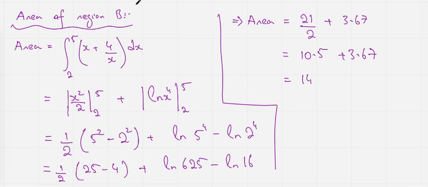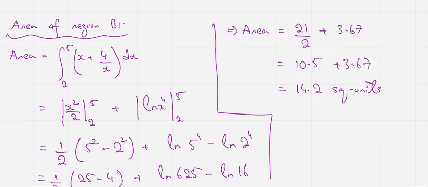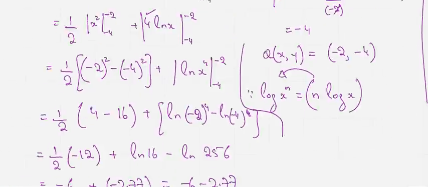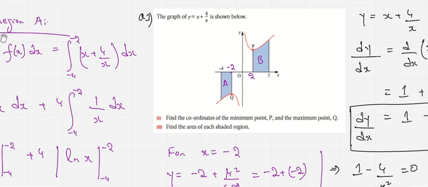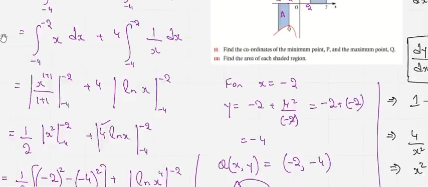So 14.2 square units is the area of region B, and you see it is greater than our region A area, because our region A was a little narrower than our region B, so of course its value is higher than that of our region A. So I hope the concept is clear.